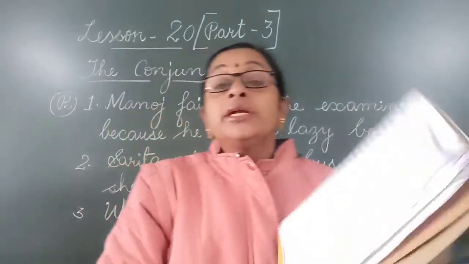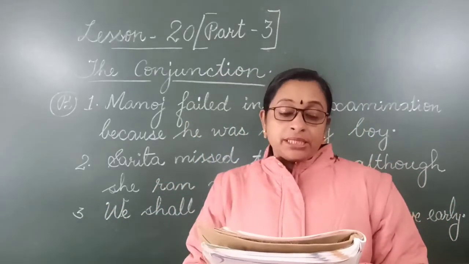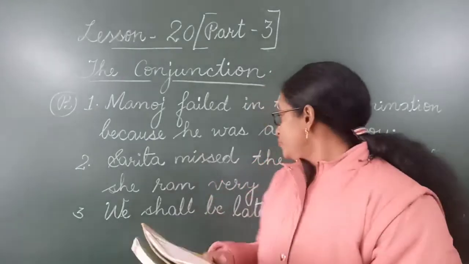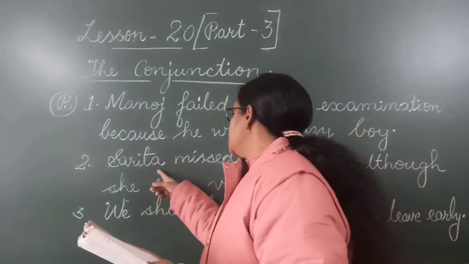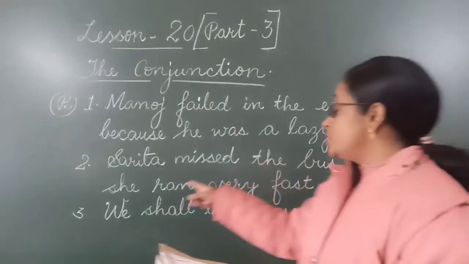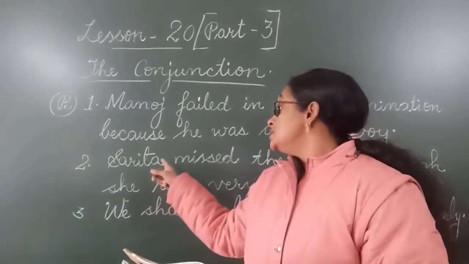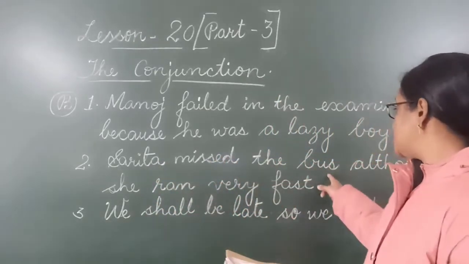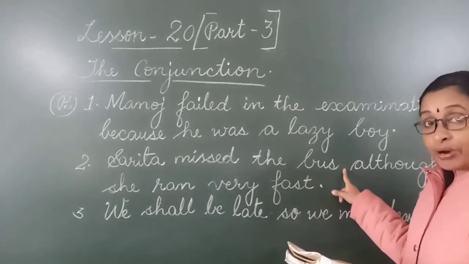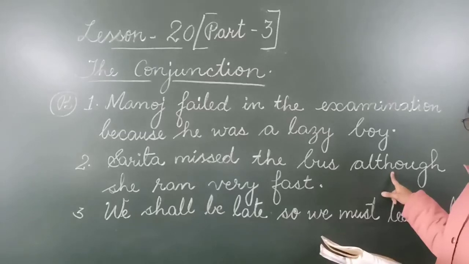Clear? Now read number 2. Sajida missed the bus. She ran very fast. What will you write as the answer? Sajida missed the bus although she ran very fast. Here you will remove the full stop and you will write the conjunction.